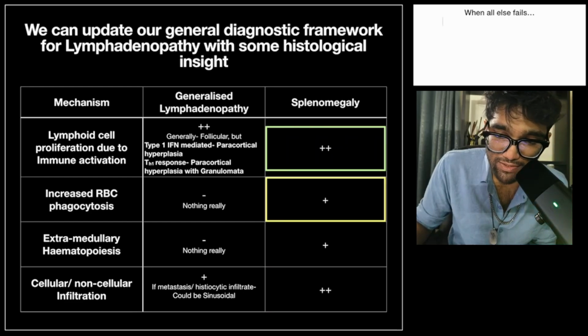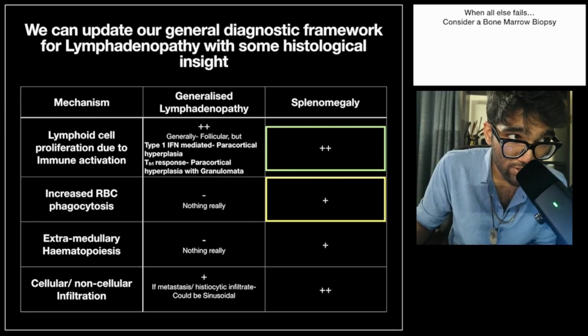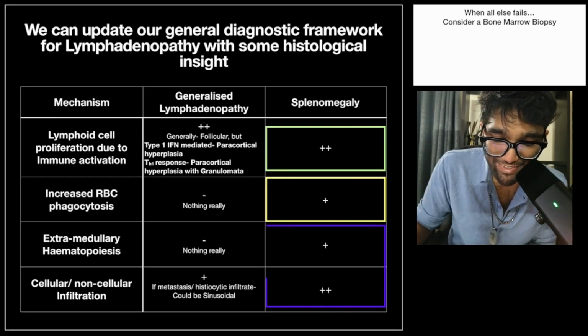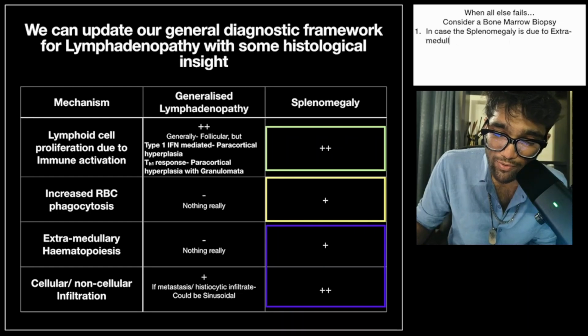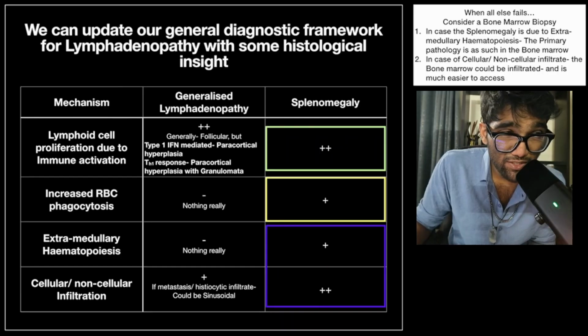When all else fails, I consider a bone marrow biopsy. Why? Because in case of extramedullary hematopoiesis, the hematopoiesis is moved out of the bone marrow for a reason. That reason can be found in bone marrow. So we'll do a bone marrow. Now, secondarily, if there is cellular or non-cellular infiltration, even if it is not affecting the spleen, it could affect the bone marrow.